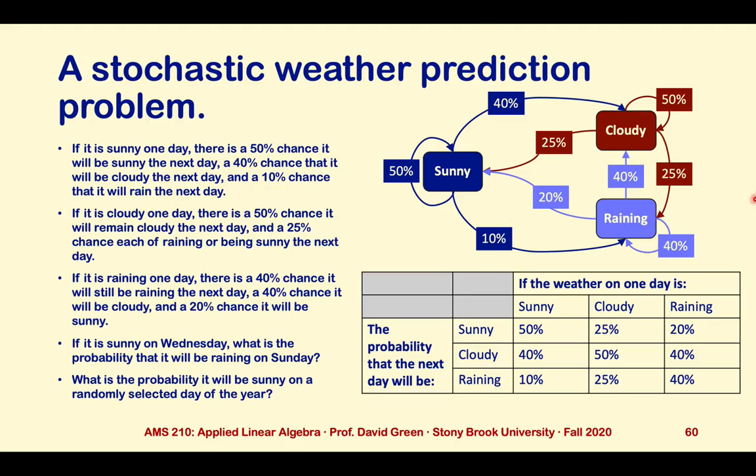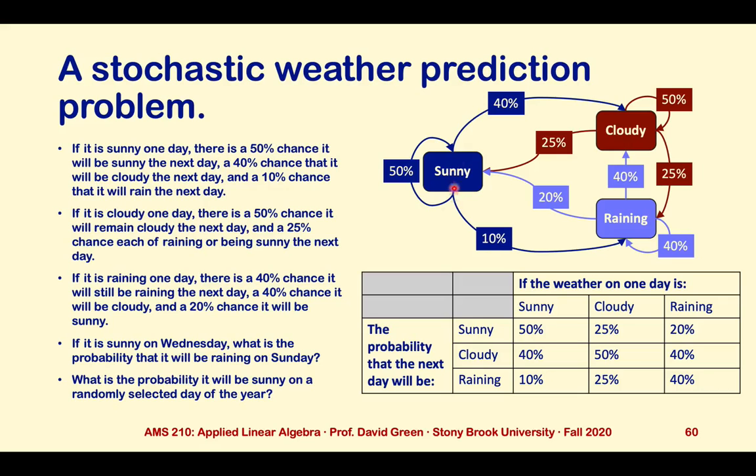This cartoon here, schematic here, summarizes the information for this particular system. We have 3 different possible states for the weather. It can be sunny, it can be cloudy, or it can be raining. If it is sunny on one day, there's a 50% chance that it stays sunny.